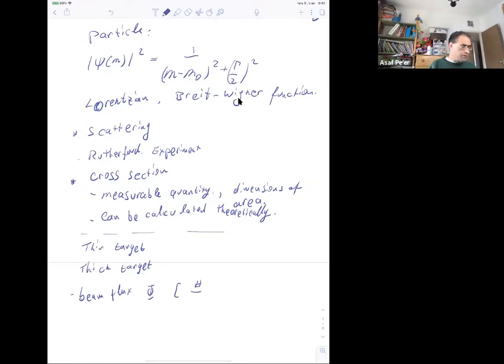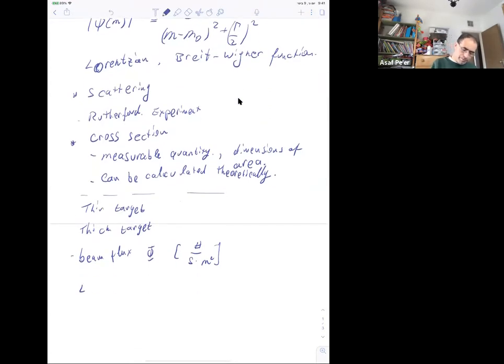And the luminosity, which is the flux multiplied by the number of target particles.